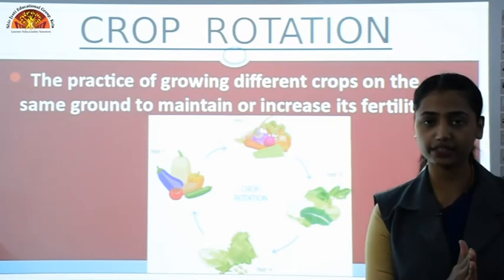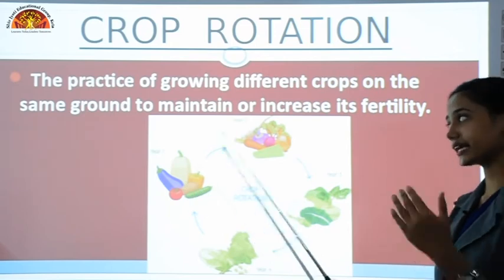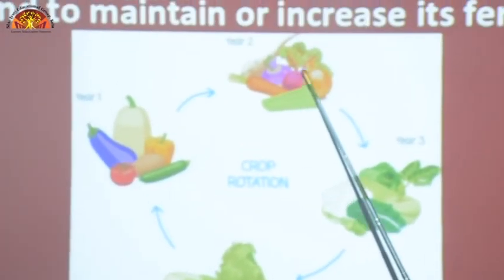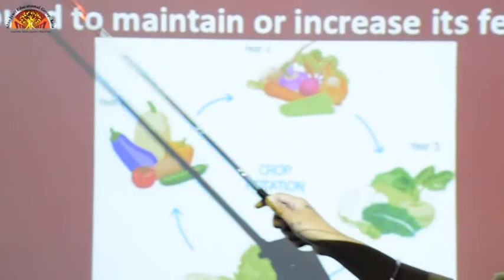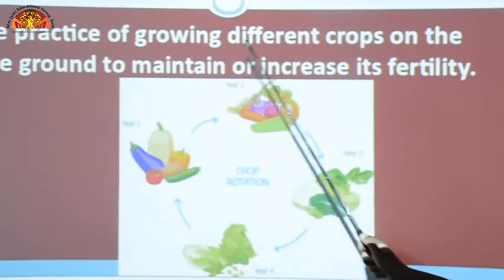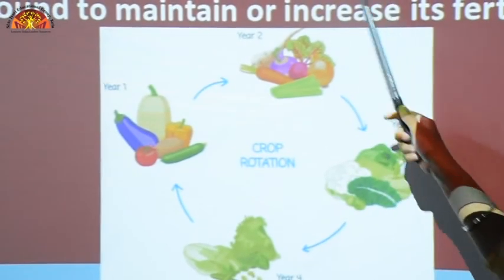Meaning if one year we are growing these crops, then the next year we can grow some different type of crops to maintain the fertility of soil. So the practice of growing different crops on the same ground to maintain or increase its fertility is crop rotation. We are rotating our crops.